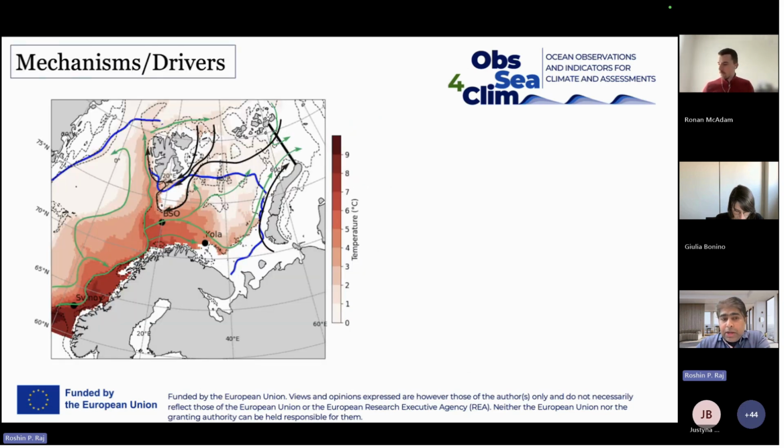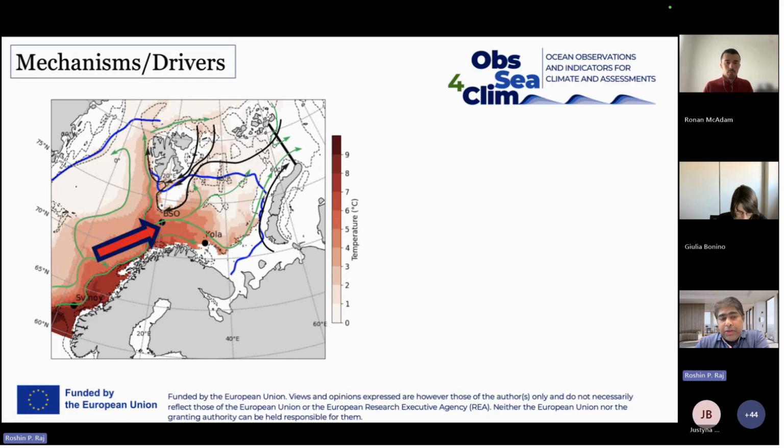Now let us look at different mechanisms. So now you have seen the marine heat waves are increasing. I would like to show you some of the mechanisms and drivers associated with it. As I explained earlier, in the Barents Sea we have an inflow of Atlantic water, in green, and an inflow of Arctic water from the east, in black.